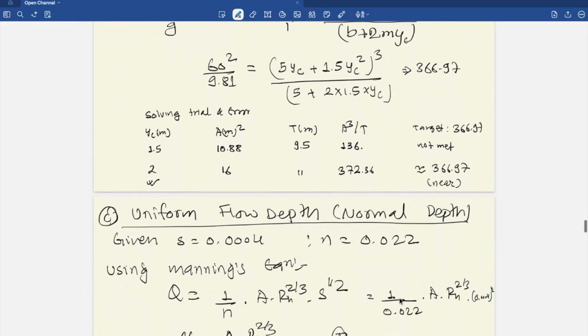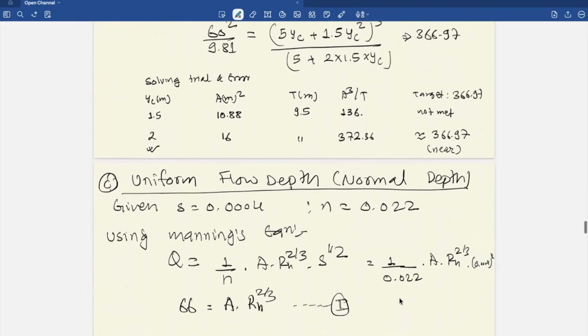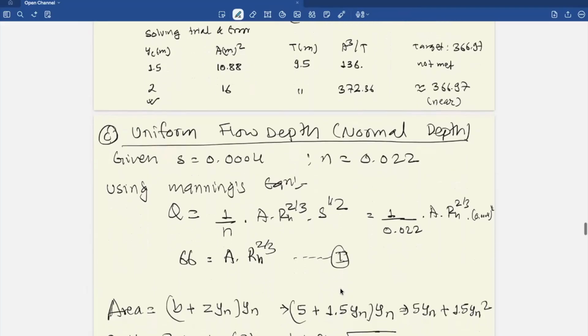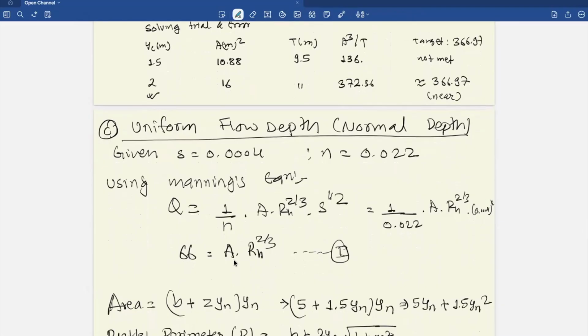Since it is given in SI units, Q is equal to 1 by n times A times R_H, hydraulic radius, to the power 2 by 3 times slope to the power 1 by 2. Rearranging all these things, we get 66 is equal to A times hydraulic radius to the power 2 by 3. Let us call this equation 1.